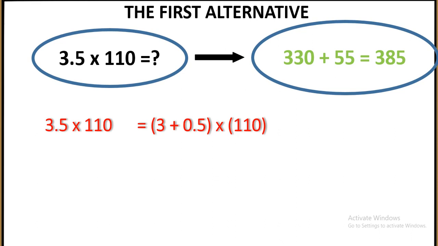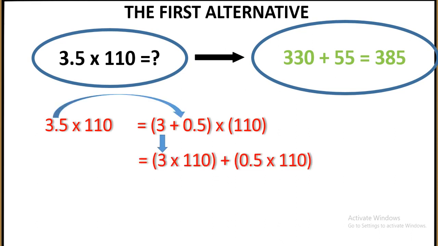Then, based on the basic concept of multiplication and its properties, we multiply 3 and 0.5 by 110, and we get 3 times 110 is 330, and 0.5 times 110 is equal to half of 110, which is 55.